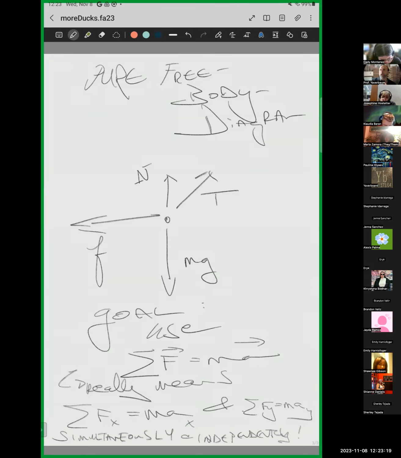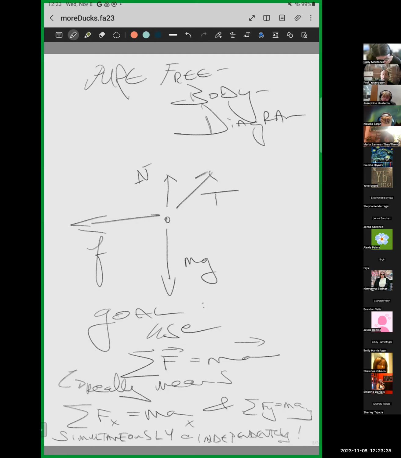But we've got a picture here, as we often will with the pure free body diagram, with forces that are acting neither along the x nor the y. Like we've got at least one force here that's just acting off in its own direction.